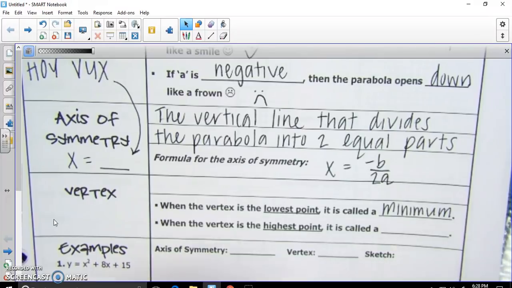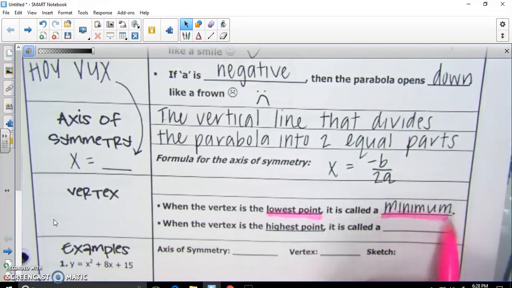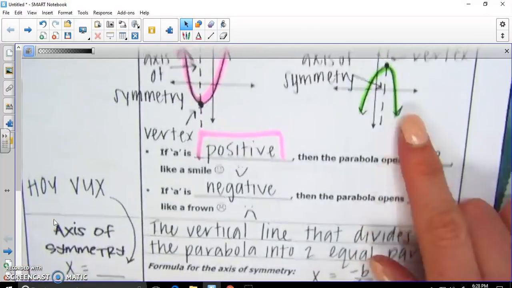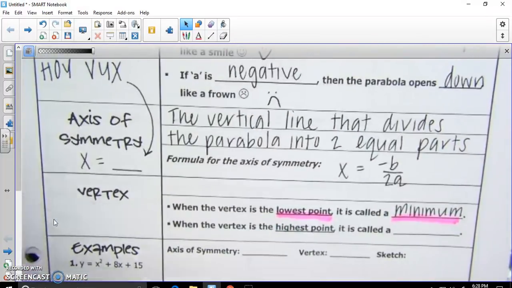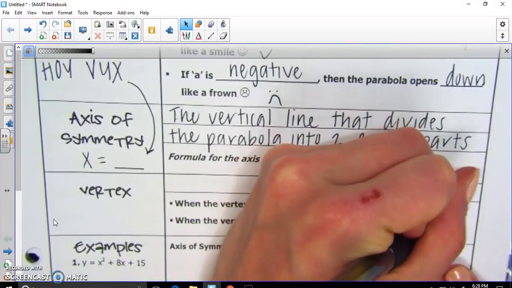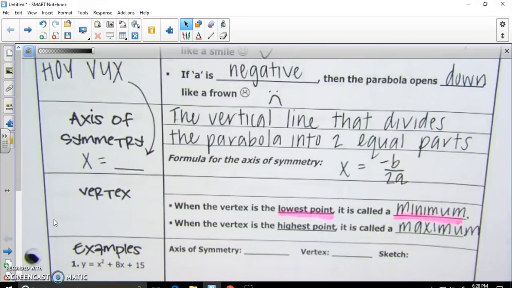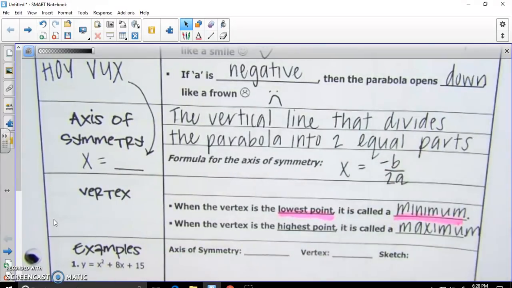Because it's in fact the lowest point on the graph, it's the minimum. When the vertex is the highest point on the graph, like in this example, instead we're going to call that the maximum because it's the maximum height. It's the maximum y value that the graph reaches.